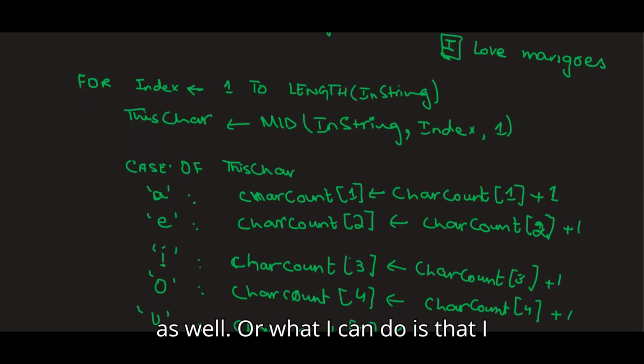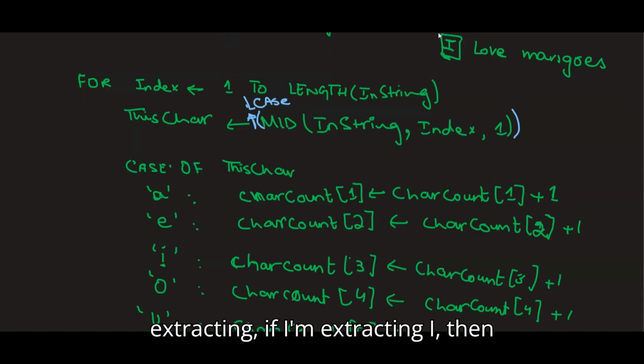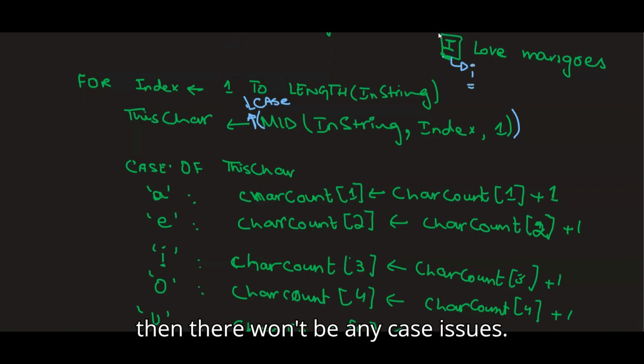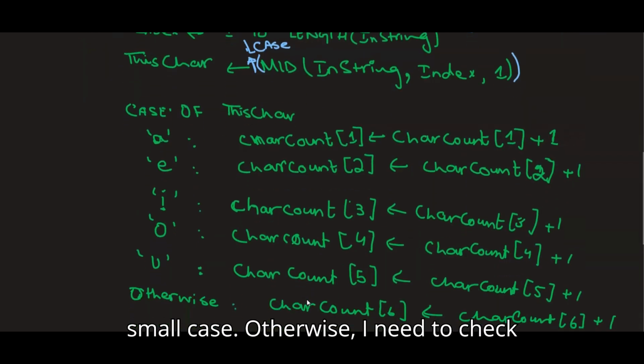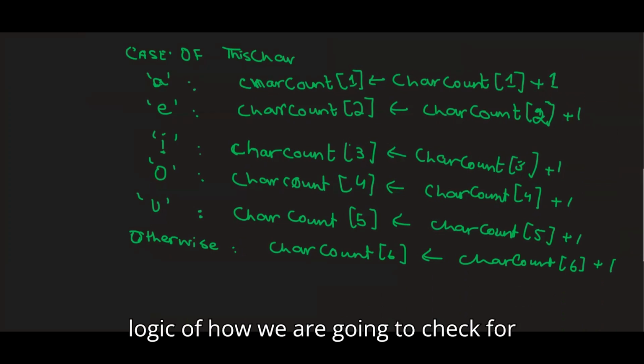Or what I can do is add the function LCase here. That means whatever character I am extracting, if I'm extracting I, then it will be converted to a small i, and then there won't be any issues. So both of the characters will be in the small case. Otherwise, I need to check for a capital letter as well. So this is the main logic of how we are going to check for characters.